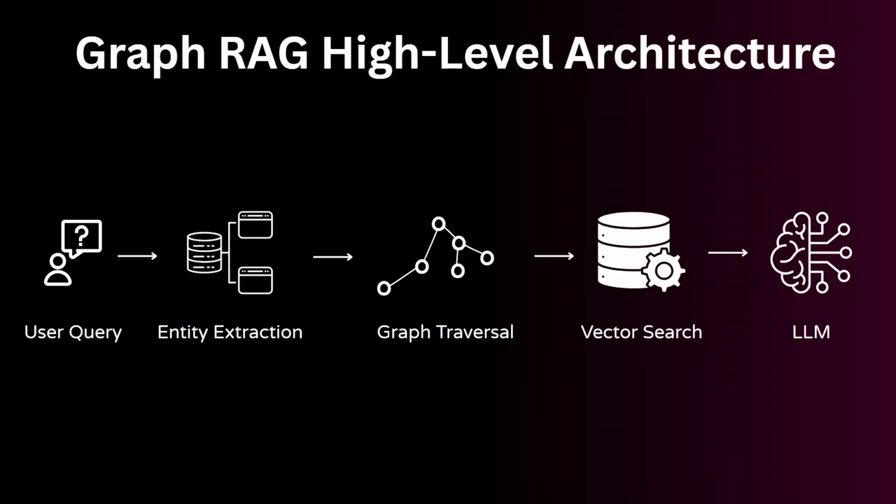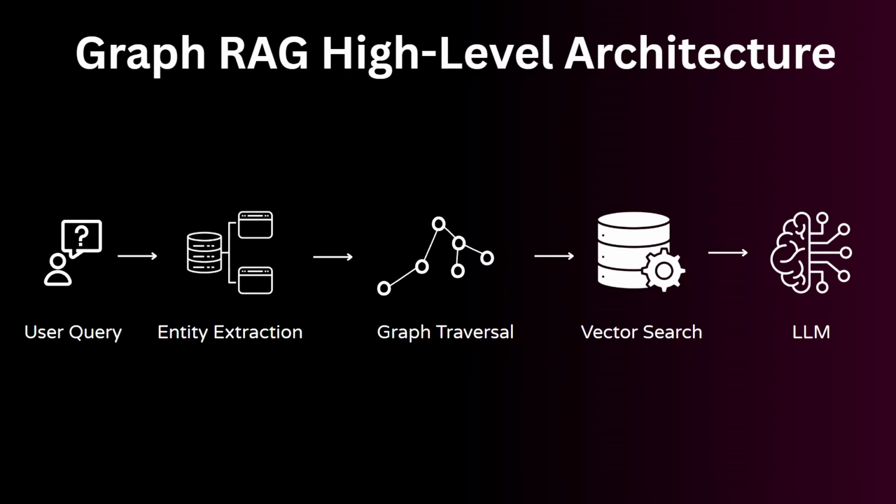After we traverse the graph, a vector search may still be used to retrieve the most semantically relevant chunks of text associated with the connected nodes. And this is where semantic similarity complements the structure, helping the model fetch details that aren't explicitly linked in the graph. And finally, all of this structured and relevant information is passed to the LLM, which generates a grounded, accurate answer.